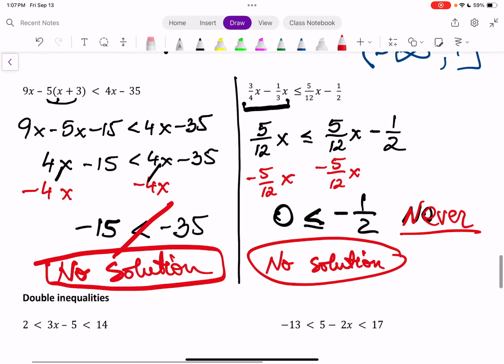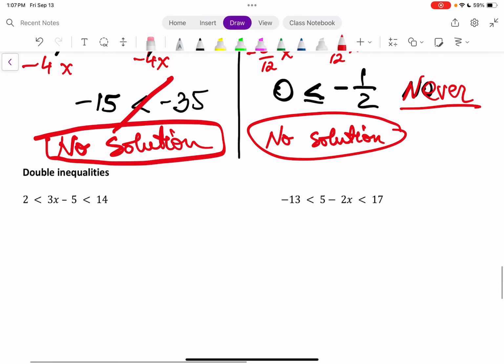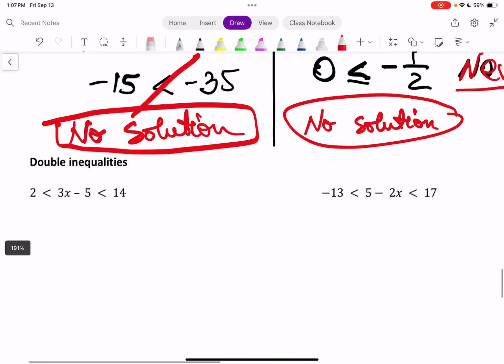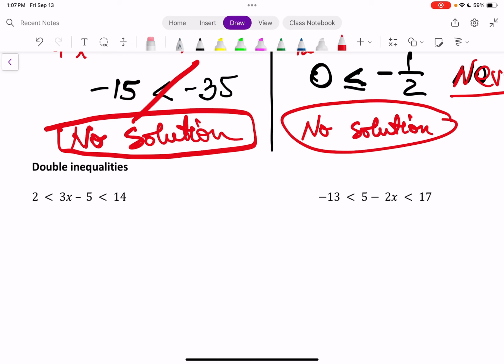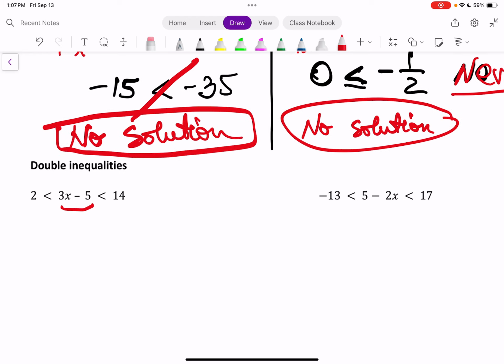All right. So last statement here, we're going to come bumping into them in a few sections. Double inequalities. How do we solve these? Now, in a double inequality, what you're going to notice is that your variable only shows up in the middle.